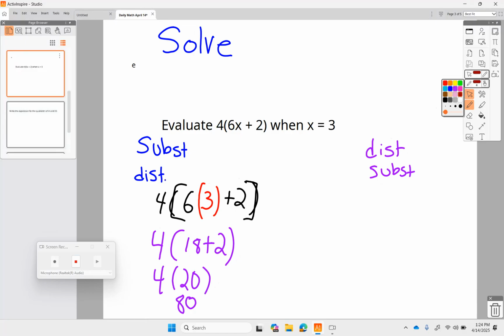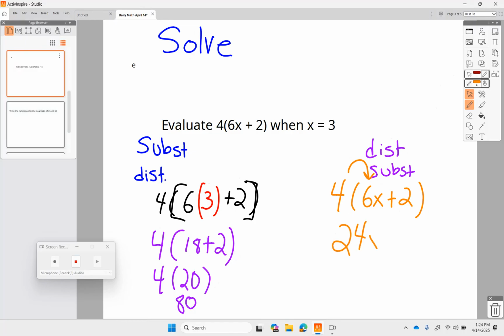Oh, I should have used a different color. Oh well, we'll do orange. I can distribute first, so I'm going to rewrite this problem. Notice in class today I typed them because my handwriting is bad. I could distribute and do 4 times 6x is 24x.